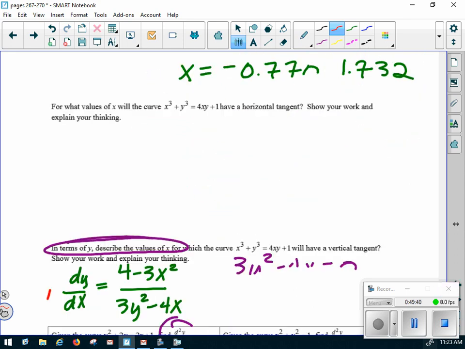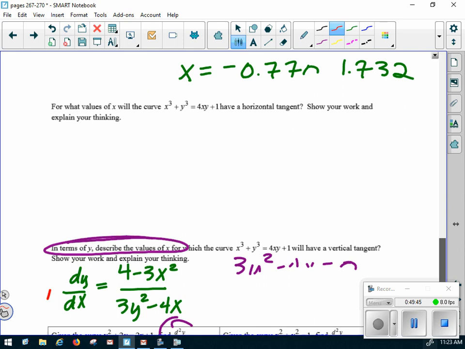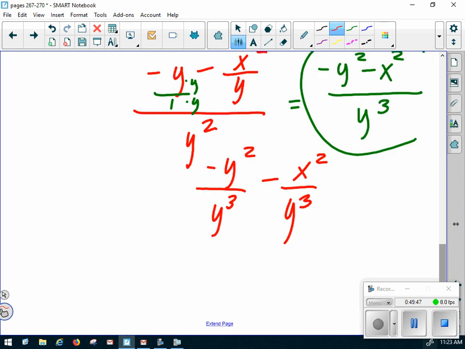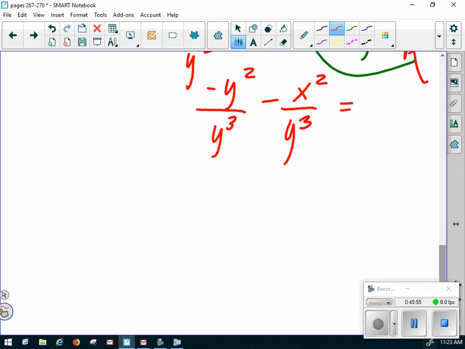You absolutely can leave this. I would leave this, but I'm just showing you something. So he's got -1 over y minus x squared over y cubed.